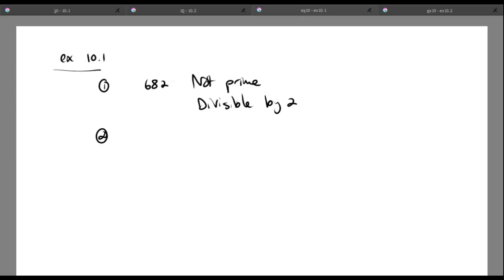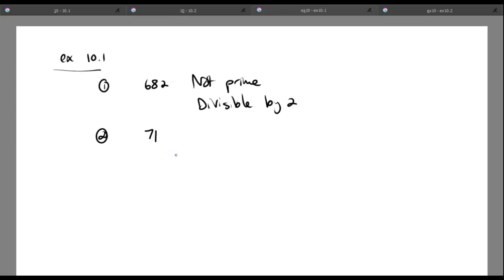The next number is 71. Oops, why do I keep doing that? There we go. 71. Is that a prime number or not? Now remember, you can't guess, oh, it looks prime. Sometimes a number that looks prime is in fact not prime. It's just so big I can't find that divisor. It may have so few divisors. So I'm not sure.